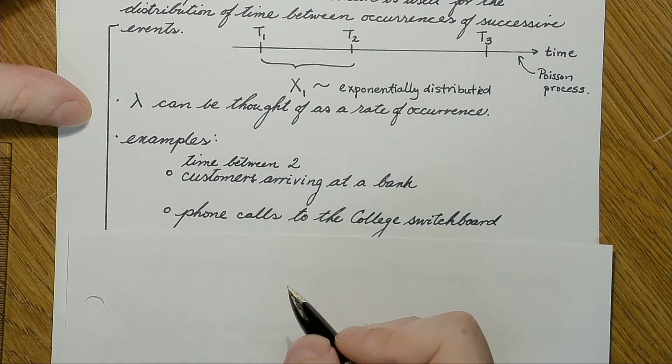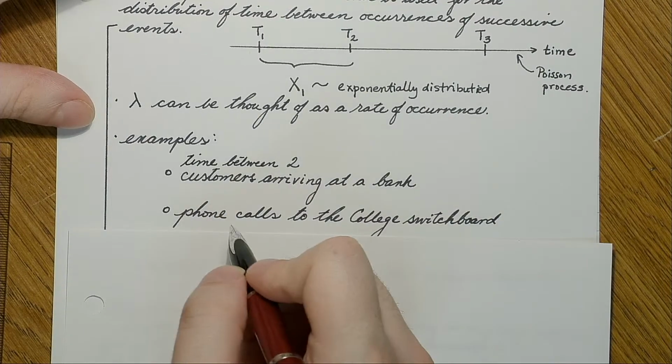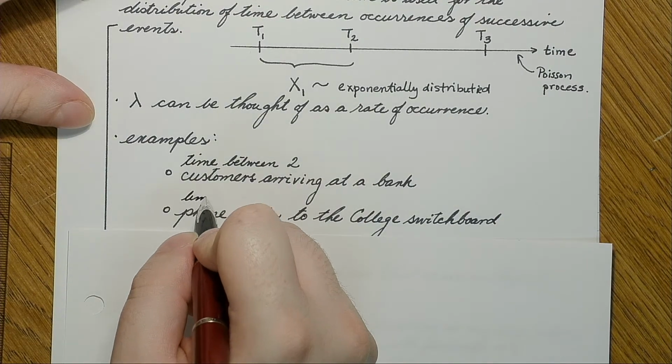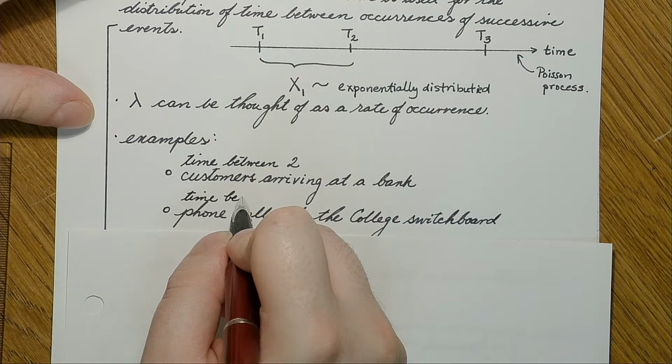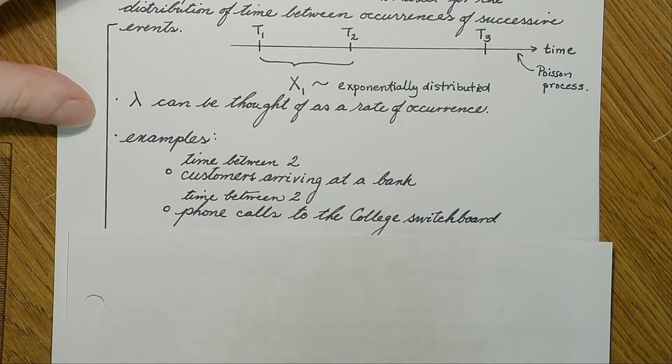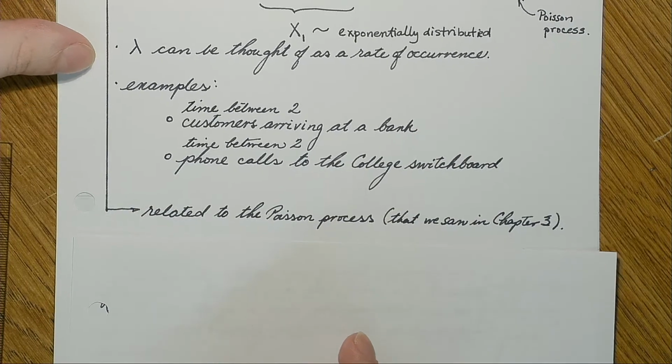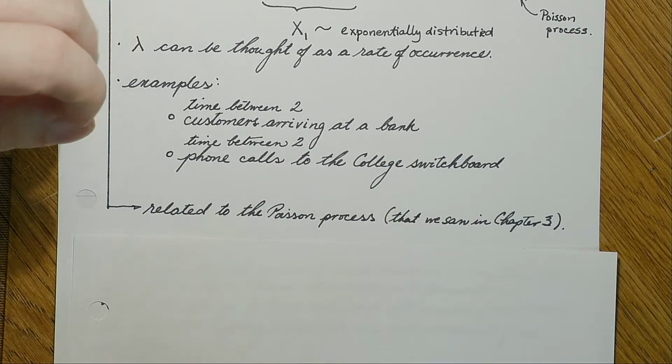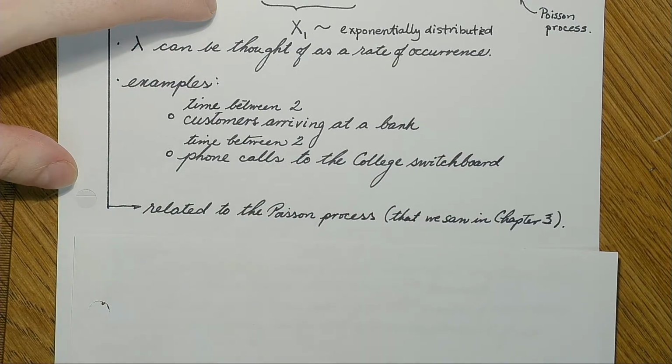Phone calls to a college switchboard, again I would say the time between 2 phone calls to a college switchboard. And again, it's related to the Poisson process that we had seen in chapter 3.